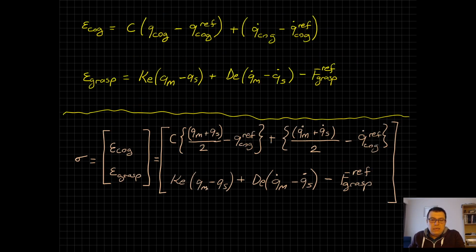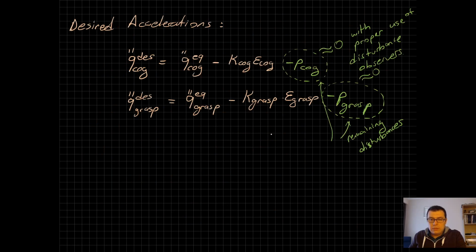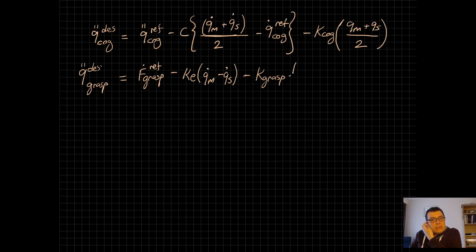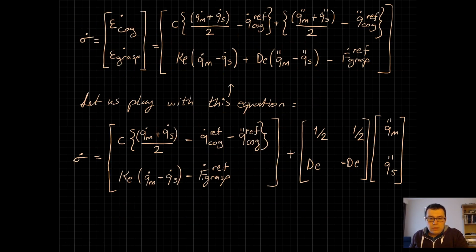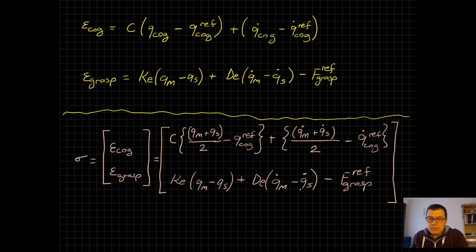E grasp was K E times Qm minus Qs plus D E times Qm dot minus Qs dot minus F grasp reference.